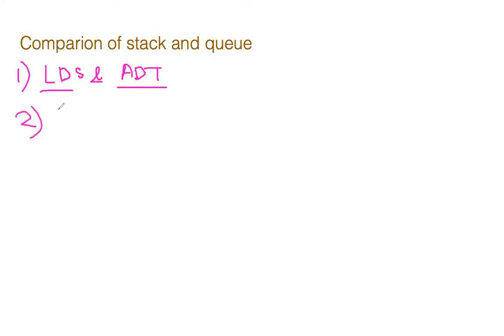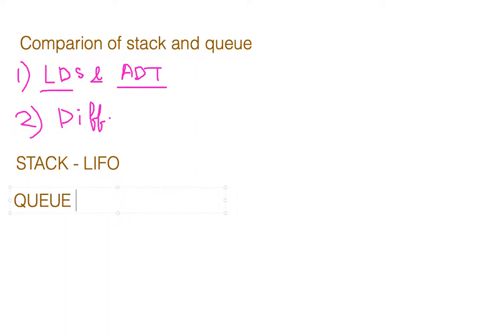Now what is the difference? In case of stack, it was known as LIFO. That means whichever element was inserted last will be the first one to go out. Whereas in case of queue, it is FIFO, that is, the first element which was inserted will be the first element to go out.